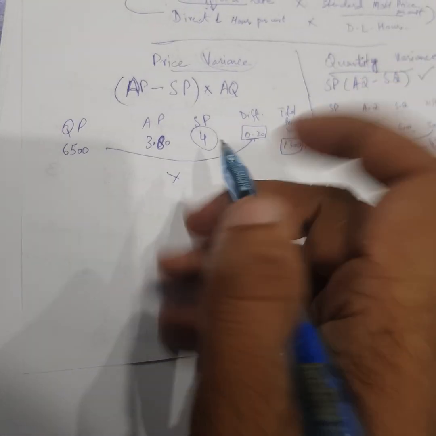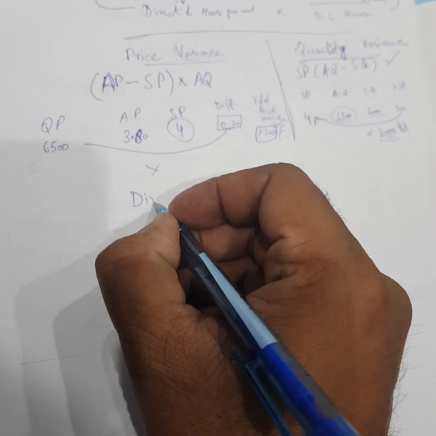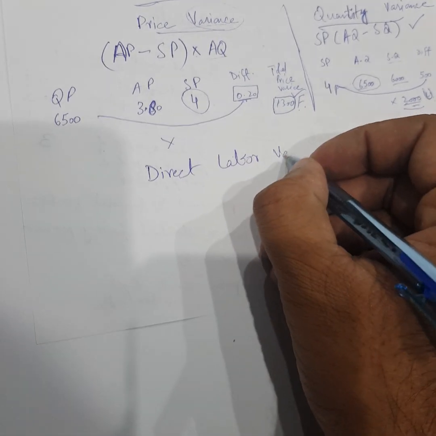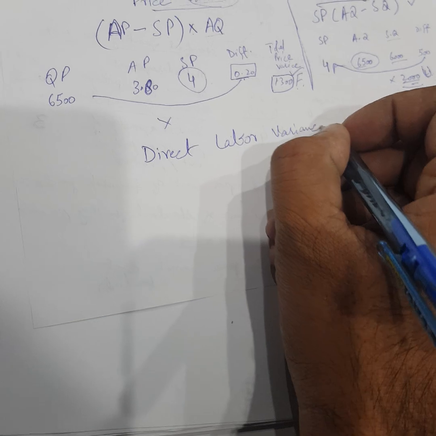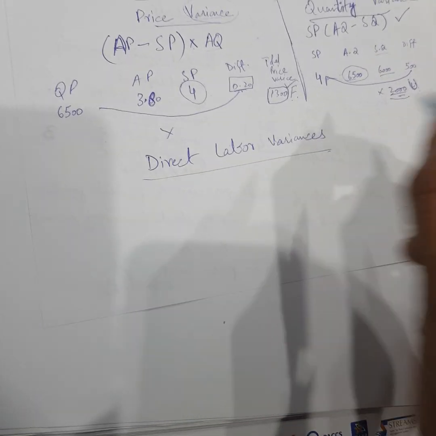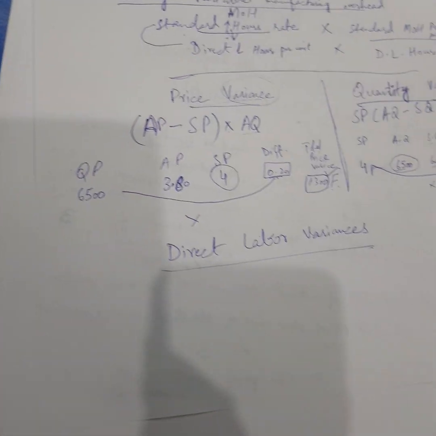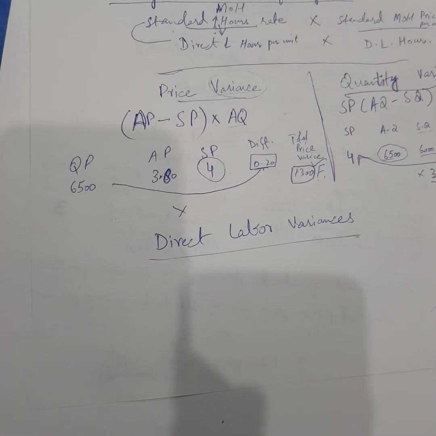Now we will discuss direct labor variances. To explain direct labor variances, it should be in our mind that labor is of two types.